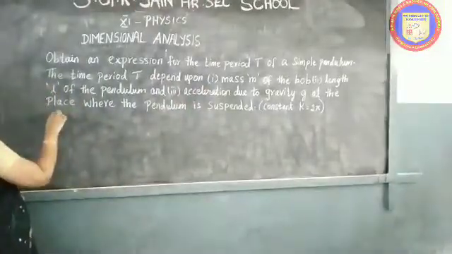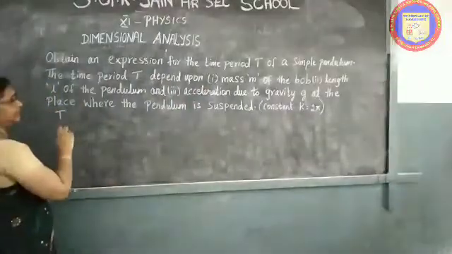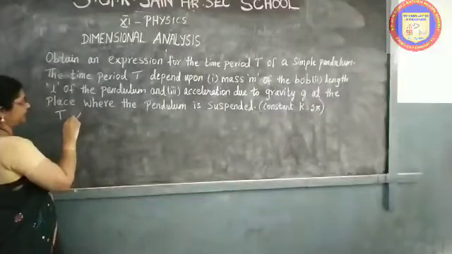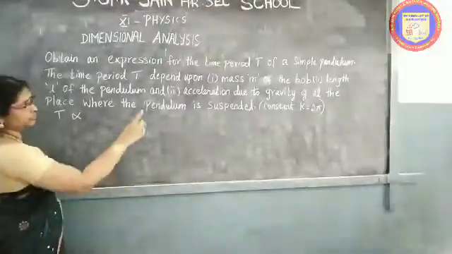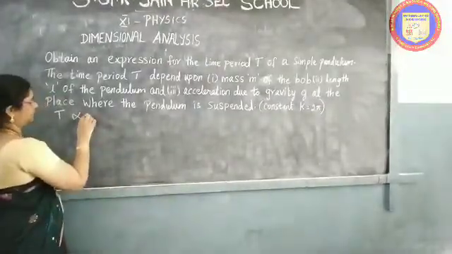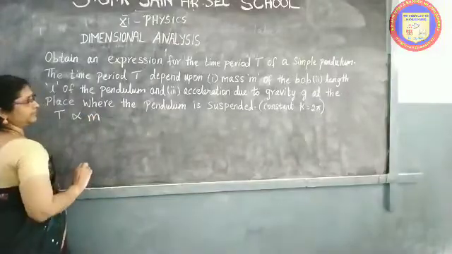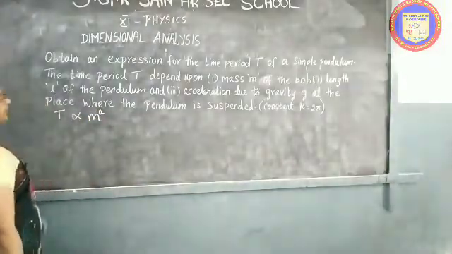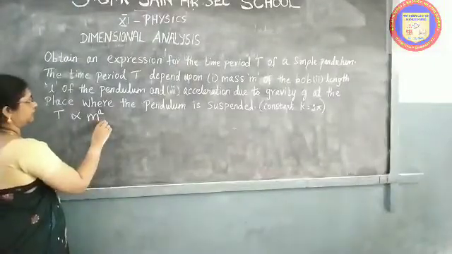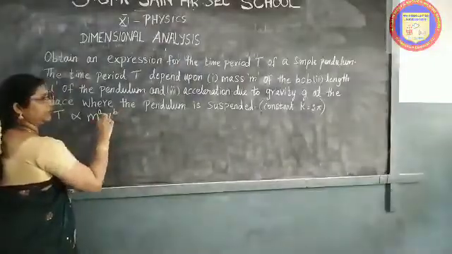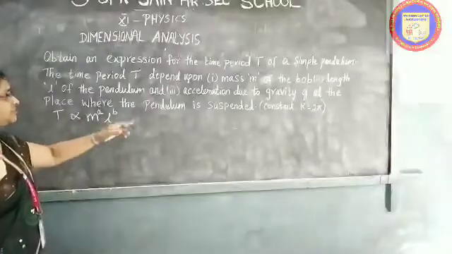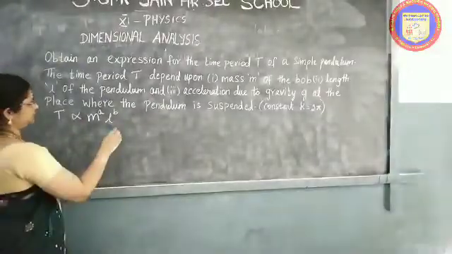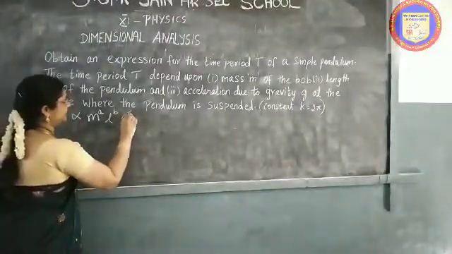So I write the time period T depends upon, meaning directly proportional to, the mass m of the bob, so m power a. Then I have the length l of the pendulum, so l power b, and acceleration due to gravity g, so g power c.